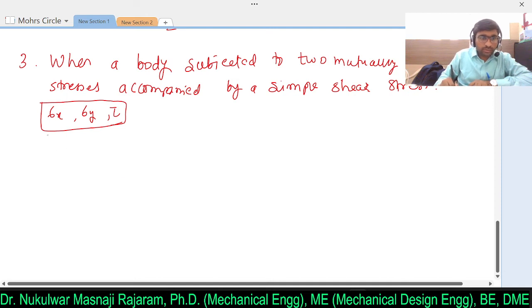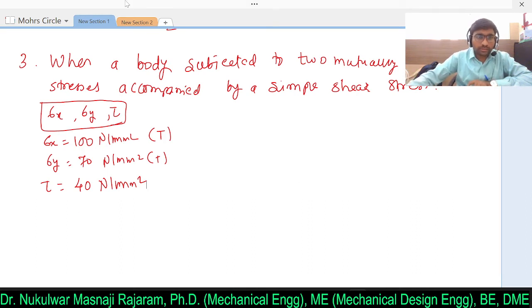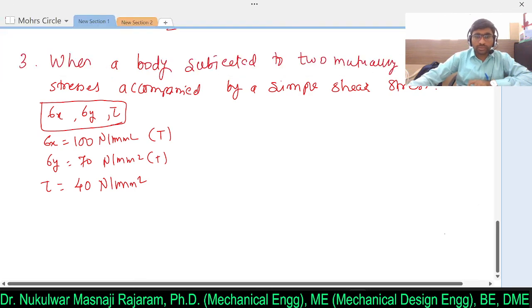Clear? So let's say the value sigma x is 100, sigma y is 70 Newton per mm square. I am considering both are tensile. Now here I am considering shear stress 40 Newton per mm square. Now same scale I will use. Let's start construction of Mohr circle.